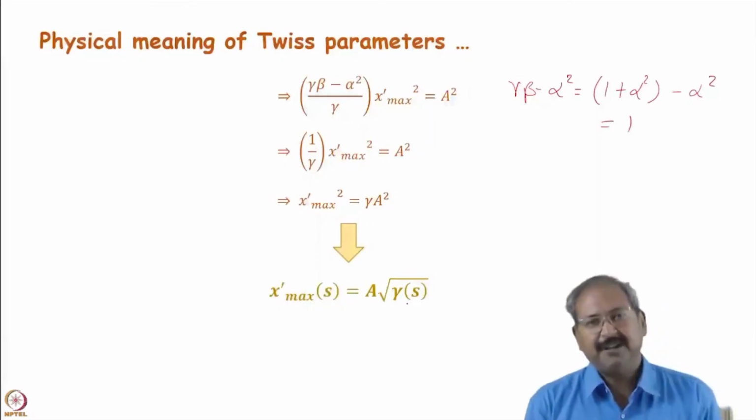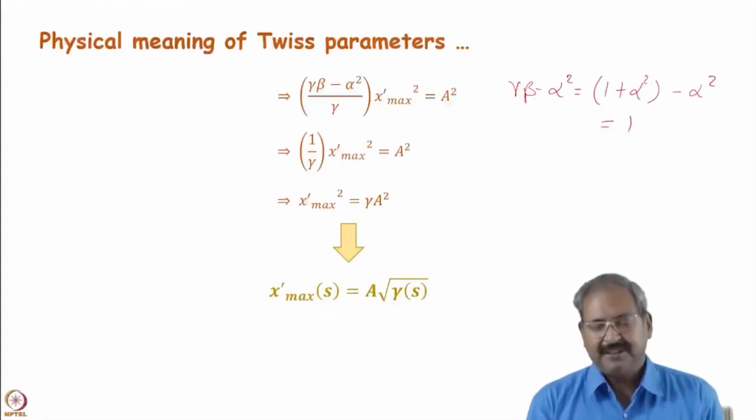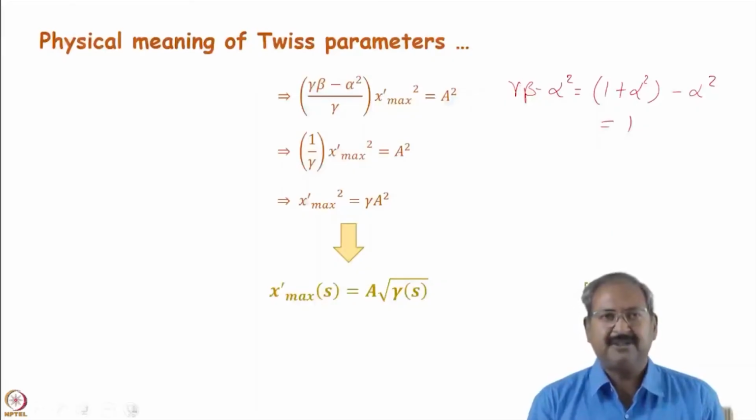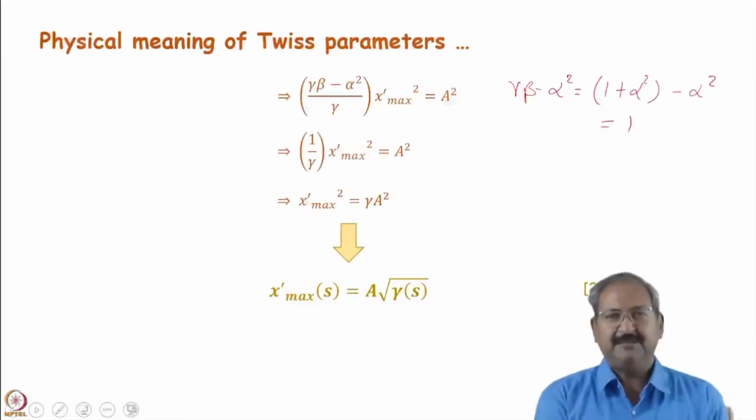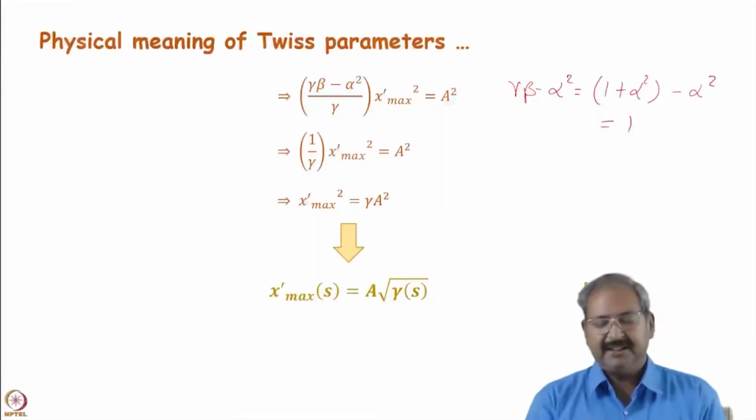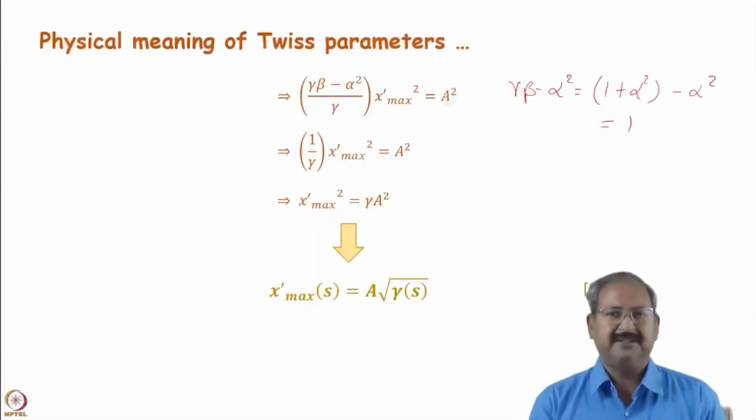So similar to the beta function, which shows the amplitude of the betatron oscillations, gamma shows the maximum angle during the betatron oscillation at a particular place. So beta shows the maximum displacement at a particular location, and at that location, gamma shows the maximum angle the trajectory will make with respect to the design trajectory.